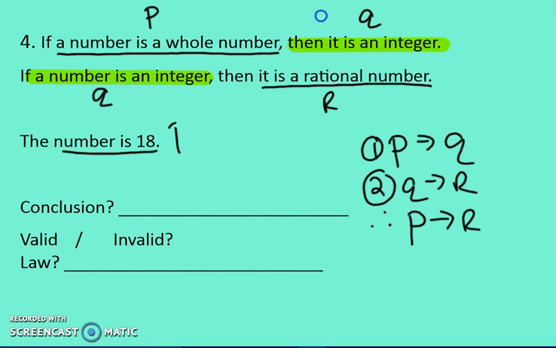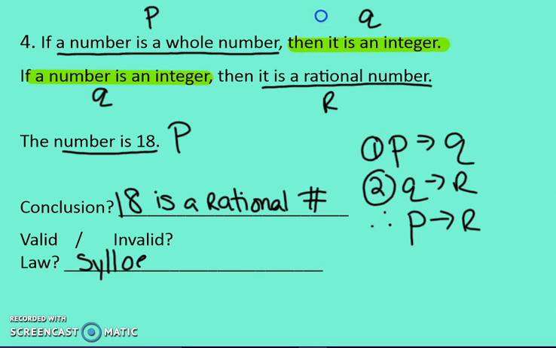So 18 is a whole number, so that is P. The conclusion then becomes 18 is also a rational number based on the law of syllogism. It is a valid statement because we could come up with a conclusion.